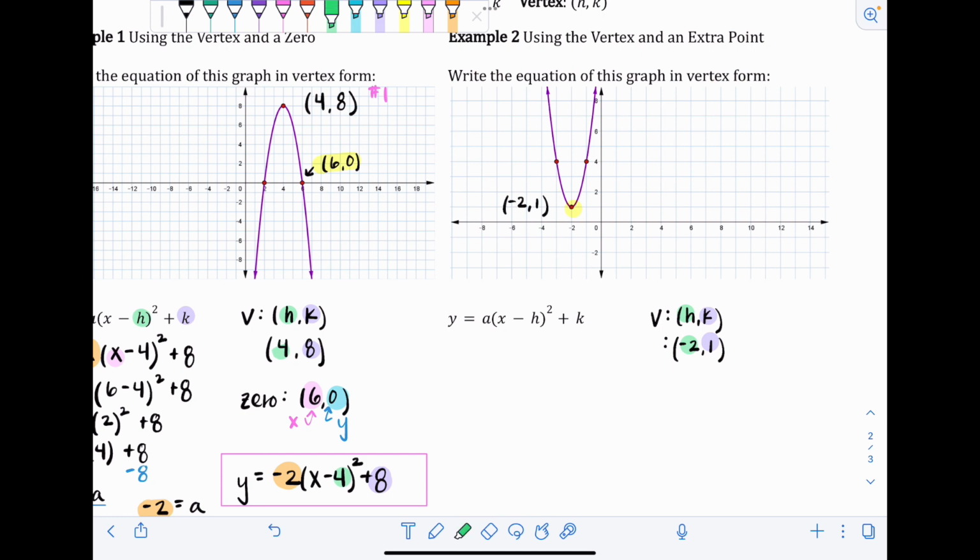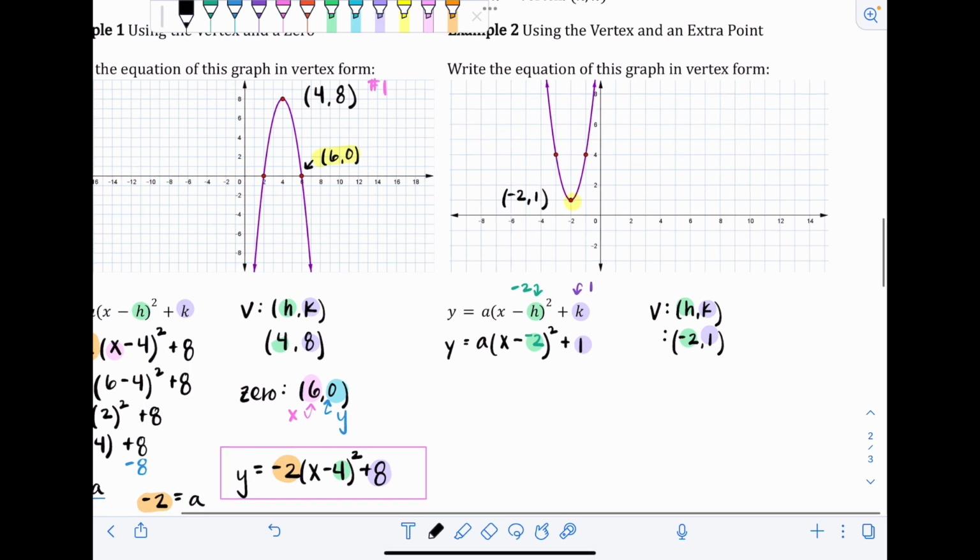We'll put both into the equation first. So it'll be y equals a times (x minus h), and h is -2, so it'll be (x minus -2) squared, and then plus k, so plus 1.